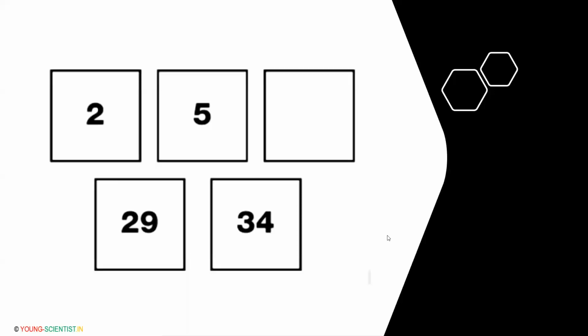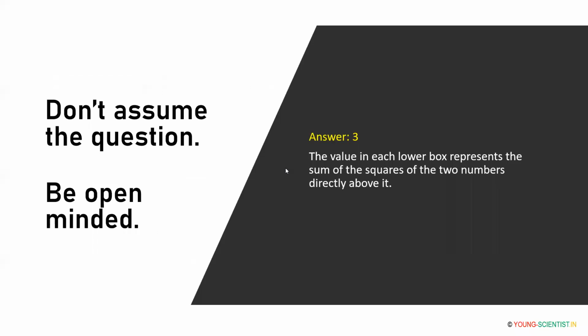Looking at this as an arrangement, we can look at vertical relationships as well. So it's not only a straight line going from 2, 5, missing number, 29, 34. We can see that 29 is the sum of the squares of the 2 numbers above it, namely 2 and 5. And thus we can arrive at the answer.